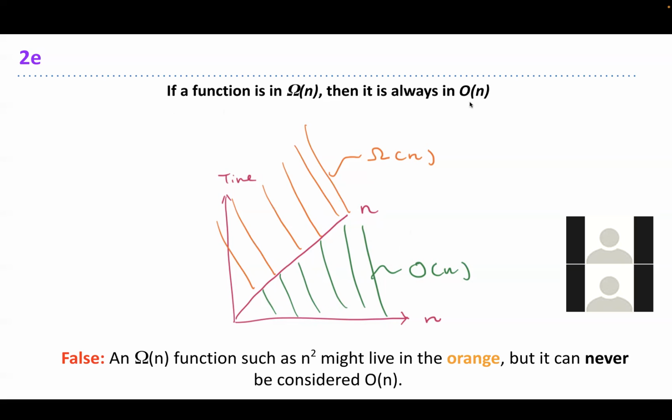But that's not necessarily the case because the function could be n squared. N squared is in omega of n because linear runtime is lower than quadratic runtime. But n squared is not upper bounded by n. N squared upper bounds n, in fact. So this statement is actually going to be false. Any questions about this one?